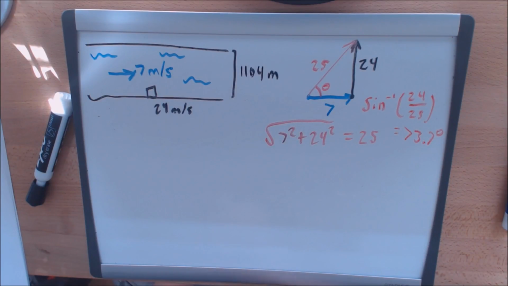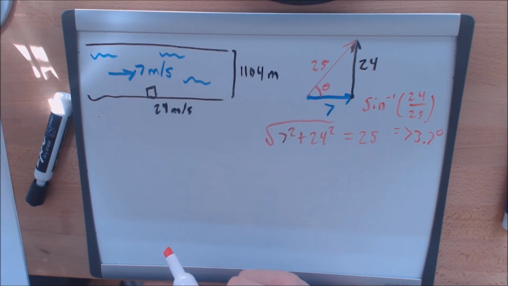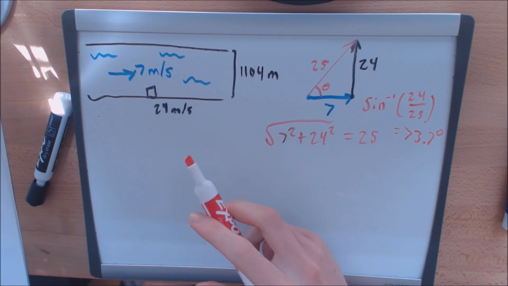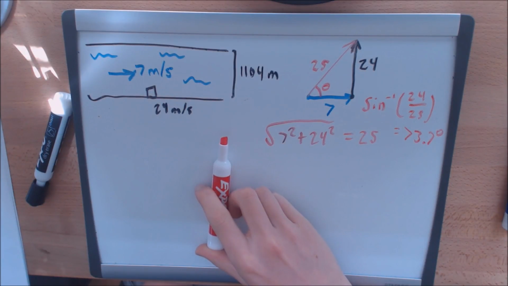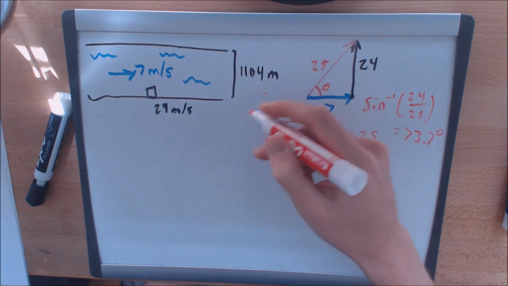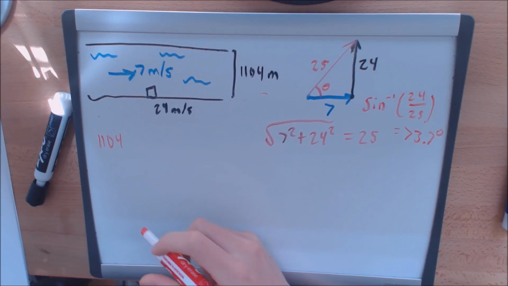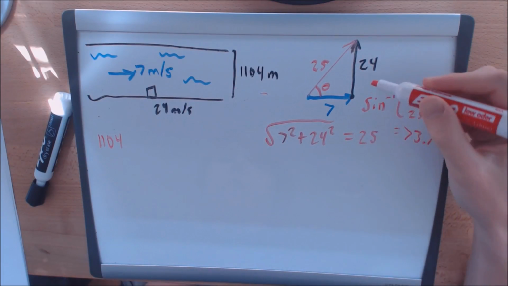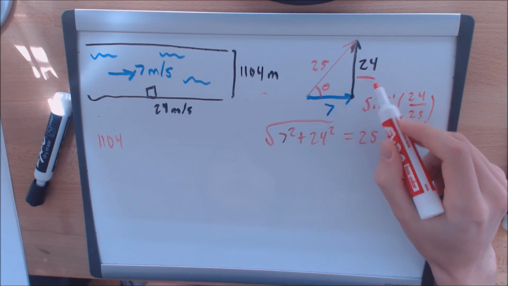So that's great. The next question is, how far downstream are we going to land on the opposite side? In order to find this, we know that the total horizontal distance is the width of the river, right? 1,104. And we know our speed in that direction is 24.